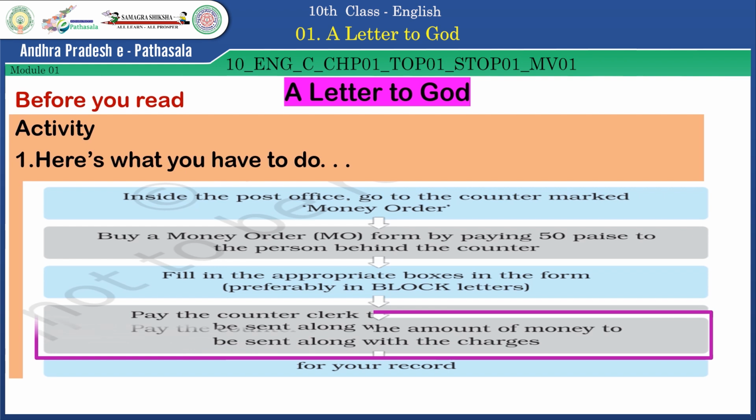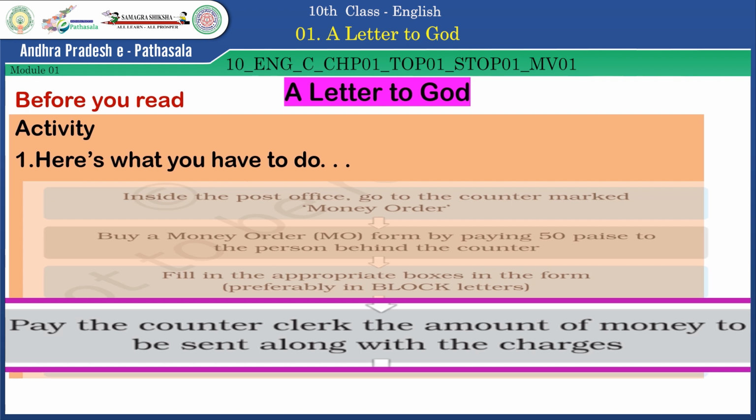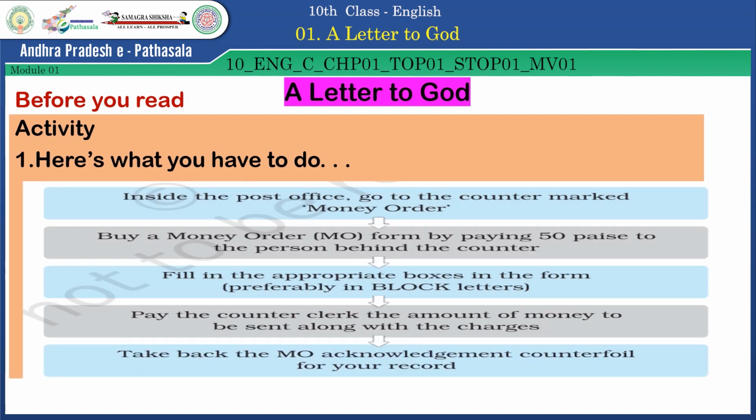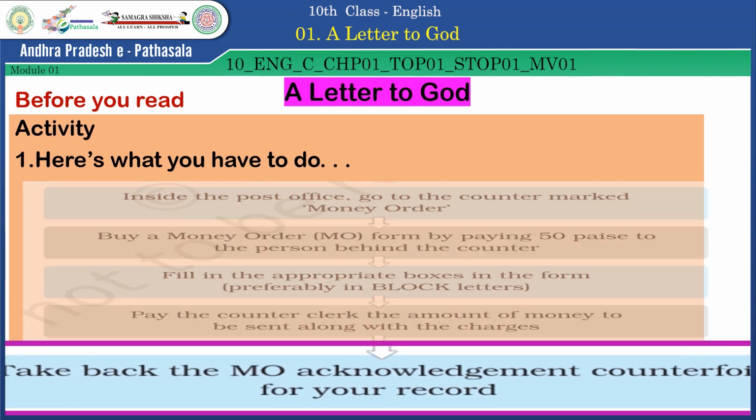Then pay the counter clerk the amount of money to be sent along with the charges. Finally, you need to take back the money order acknowledgement counter file for your record.